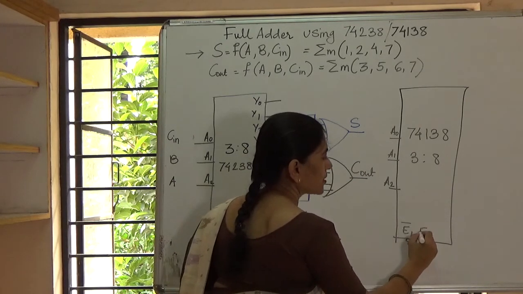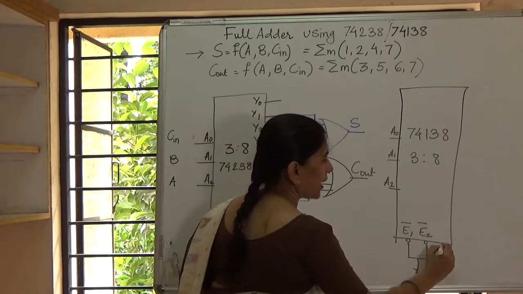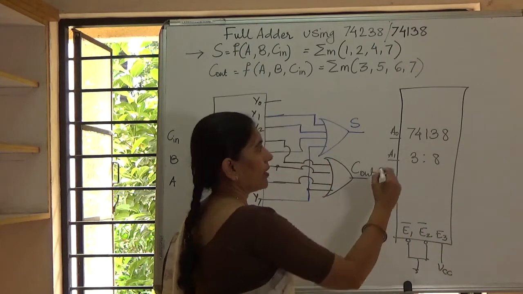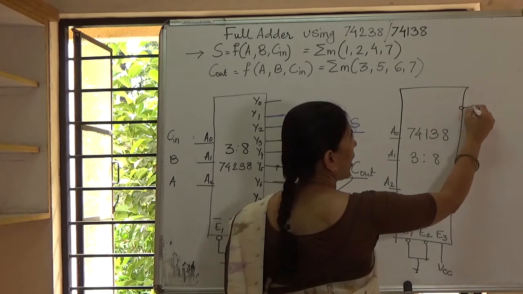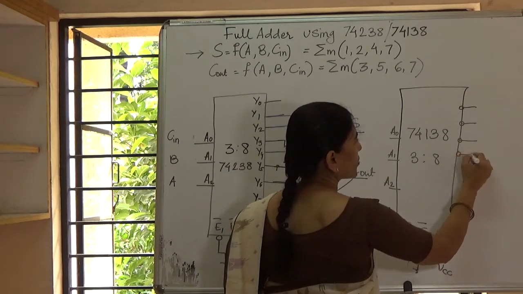Same enable lines. So we connect E1 bar and E2 bar to ground, and E3, which is active high, is connected to VCC. Now the output lines over here are not active high, but the output lines are active low.